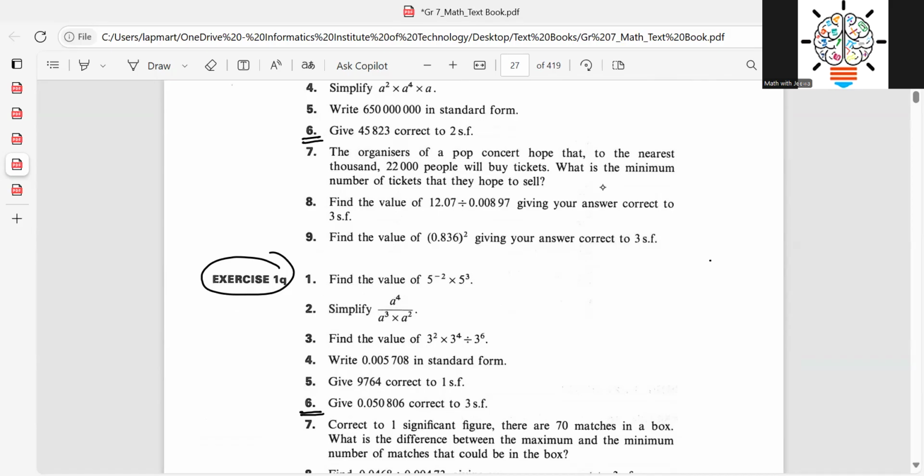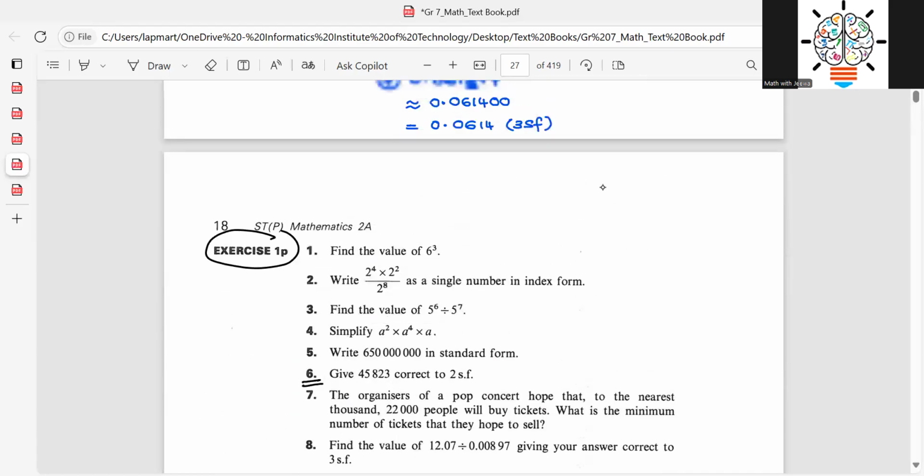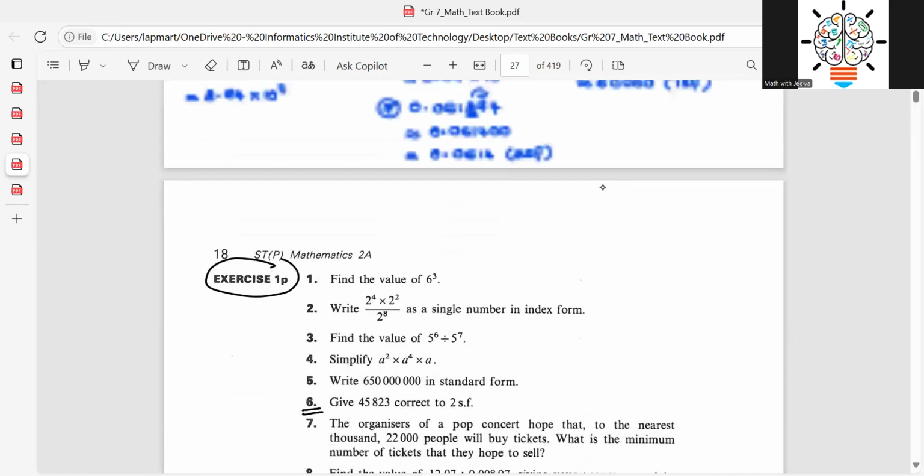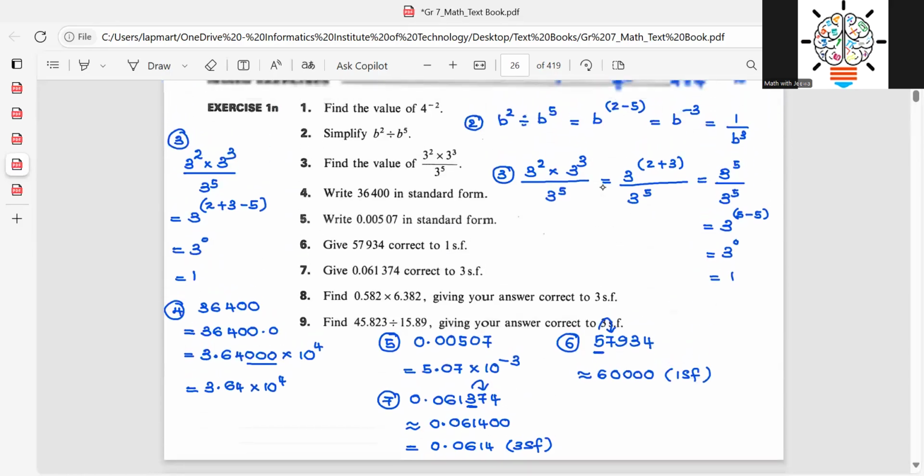It is very interesting. On Friday, I will give you the introduction to that lesson, so that during the weekend you can do it by yourself. That is very interesting. I'll tell you what it is. So next 2 days, we will complete these 2 exercises, exercise 1P and 1Q. Then we'll wrap up Unit 1 of the STP Mathematics 2A lesson series.